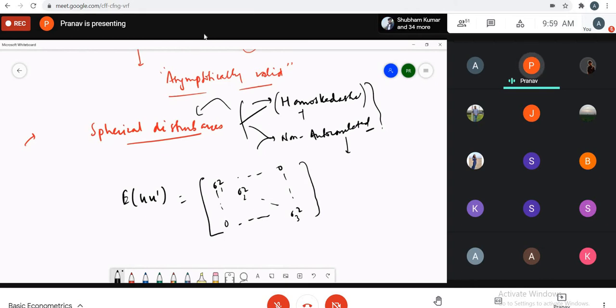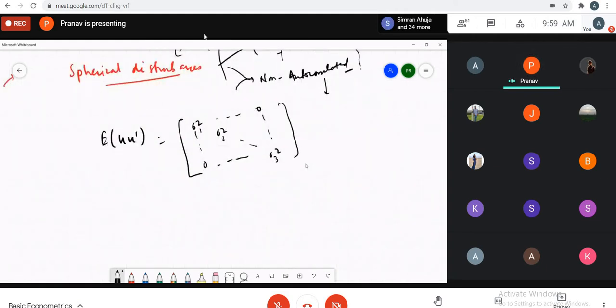Now, one last specification error that you might encounter as far as errors are concerned is non-zero correlation of errors with the regressors. If this assumption gets violated, what happens?